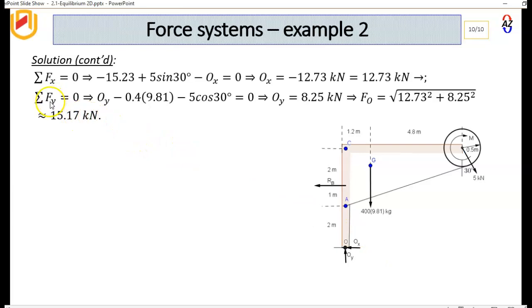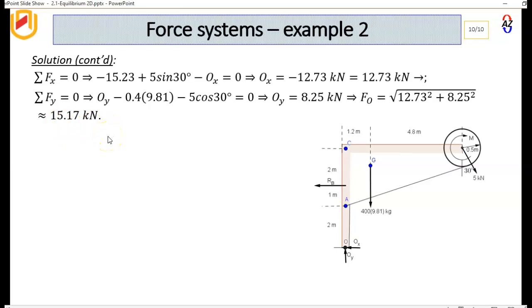The summation of forces in the Y gives us OY minus this one, 0.4 times 9.81 minus 5 cos 30 degrees. And then OY here, you should be able to find that it's 8.25. Then the Pythagoras of these two values gives you that the total reaction at O will be 15.17 kilonewtons.